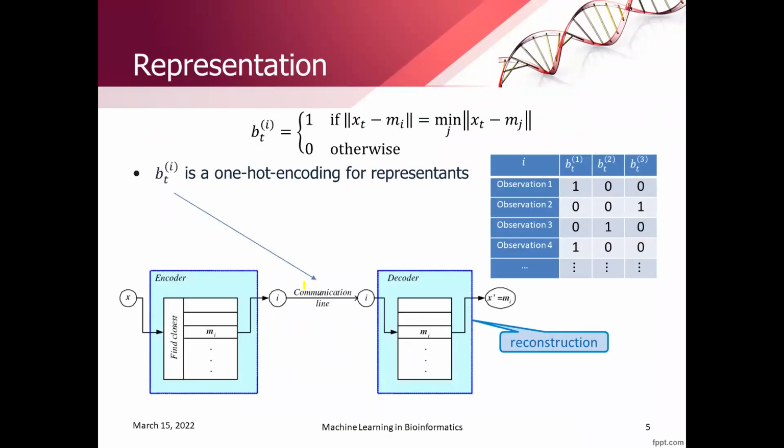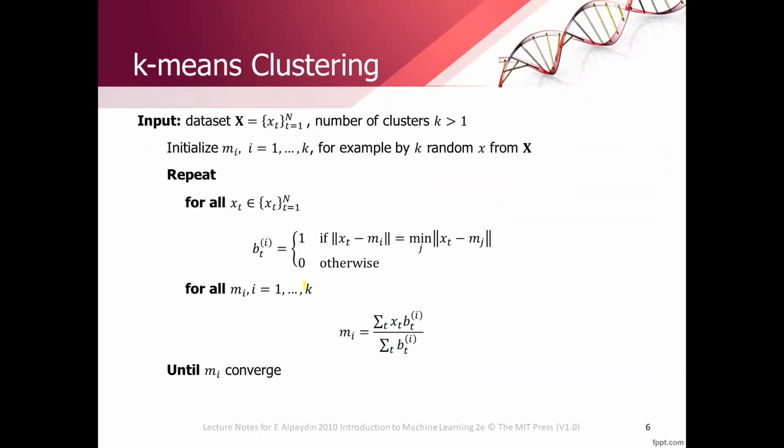The algorithm, I think I need not repeat, consists of some initial assignment to the clusters, and once we have an assignment, we can adjust the representative. Adjusting the representative means that we move the representative to the middle of the observations, which is done simply by computing the mean value from all the observations assigned to the same cluster.